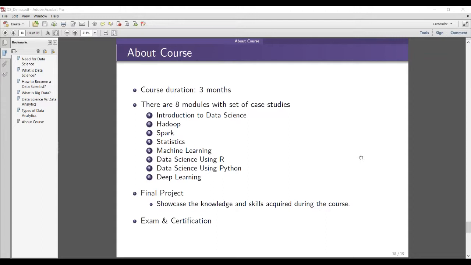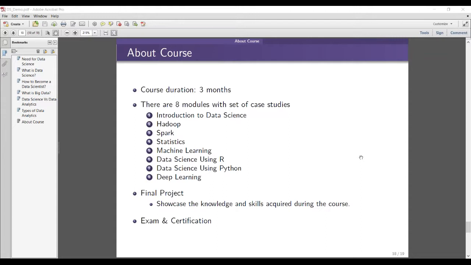Everything is an individual specialty. Hadoop is big data, statistics is a vast subject, and machine learning requires a lot of algorithms. R and Python have a lot of scope. So which one are you mainly focusing on? Like Hadoop?